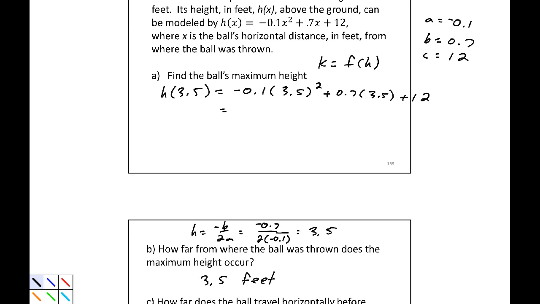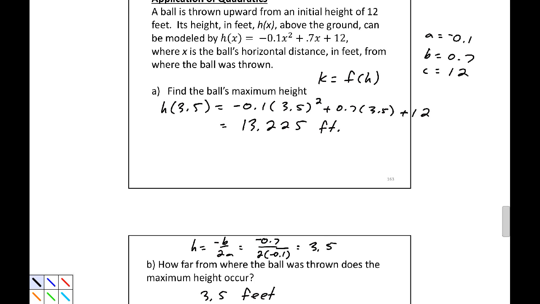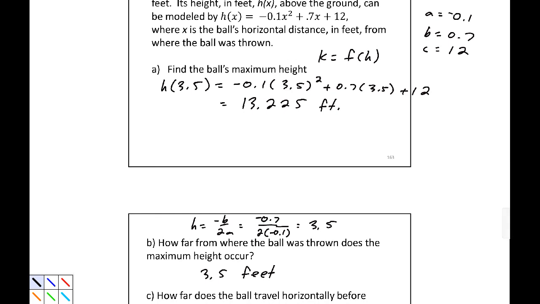That is 13.225 feet, since that's what our units are. Both the height and the distance are given in feet. So 13.225 feet is what the maximum is.